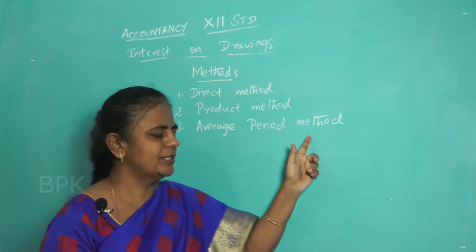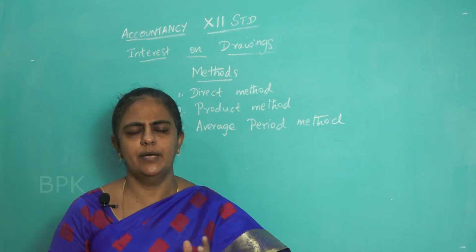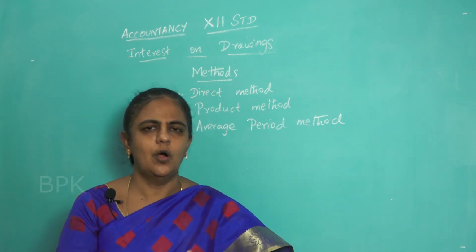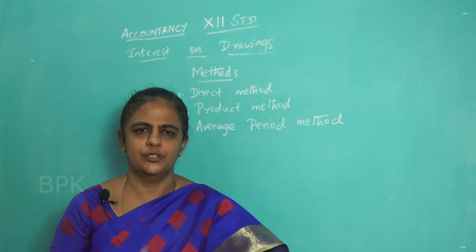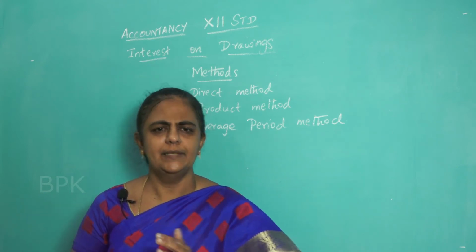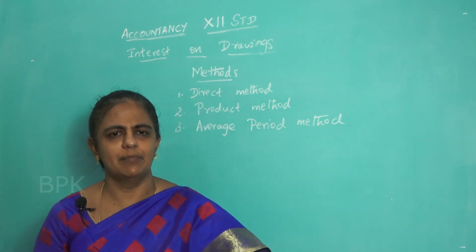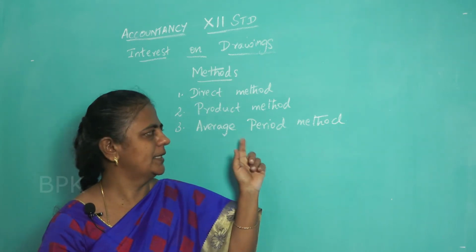When you come to average period method, it is calculated based on the different intervals, whether you are taking the beginning, the middle or the end, based on the intervals of drawing the money from the business.